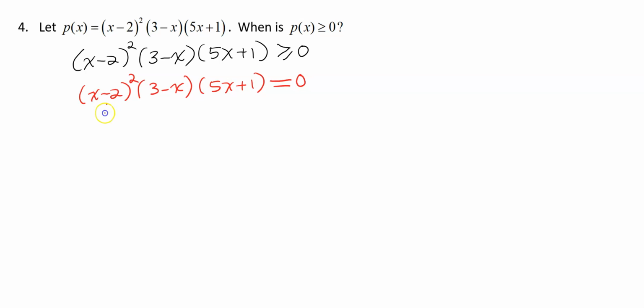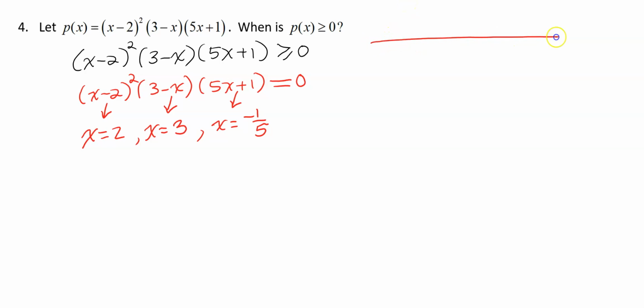So either this factor is 0, meaning x is 2, or this factor is 0, meaning x is 3, or this factor is 0, meaning x is negative 1 over 5. So those are when we have the polynomial equal to 0, right? So that's step 1, solve the associated equation.